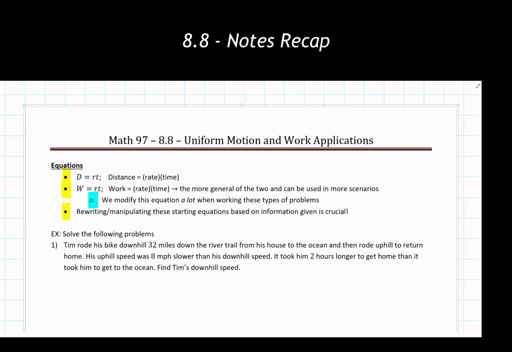Remember that we are going to be rewriting and manipulating these things quite a bit, as we saw with a lot of our examples. But start off with these things, take some time to write things out in a table or some other organized way that makes sense to you, and then figure out how these relate to an equation or other equations that could be brought into the problem. Take it slow, take it steady at the beginning of these things, and then I think you'll be looking pretty good with this material.